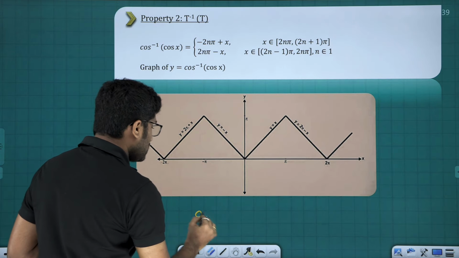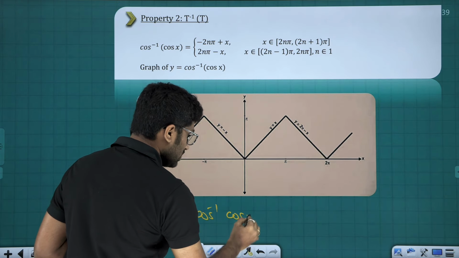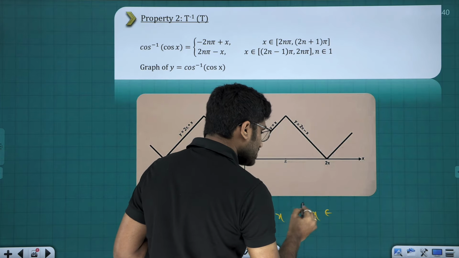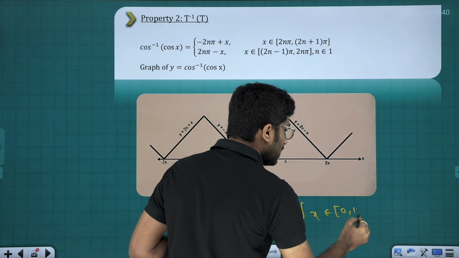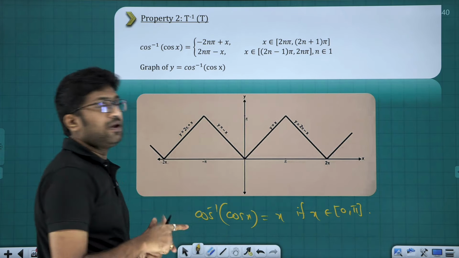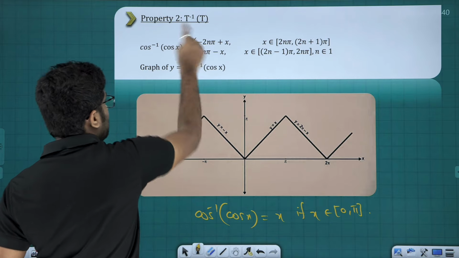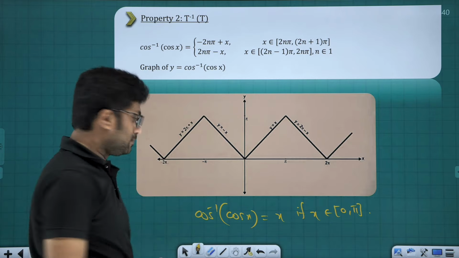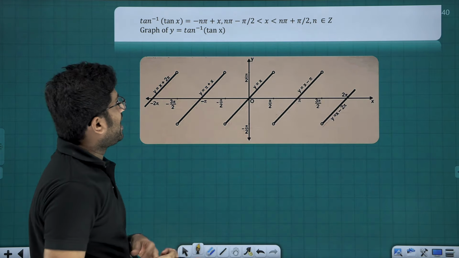First, actually cos inverse of cos x will be x only if x belongs to closed 0 to pi. But if x does not belong to closed 0 to pi, then by either using this or by graph, we can get the input. Tan inverse of tan x, same.